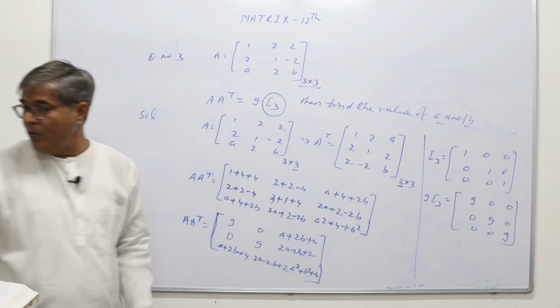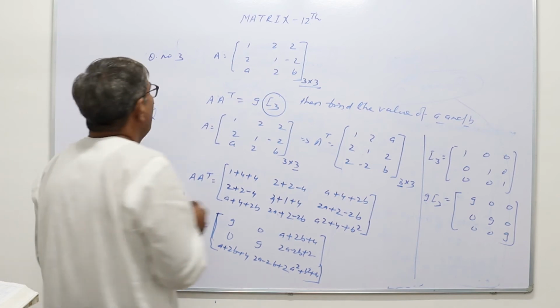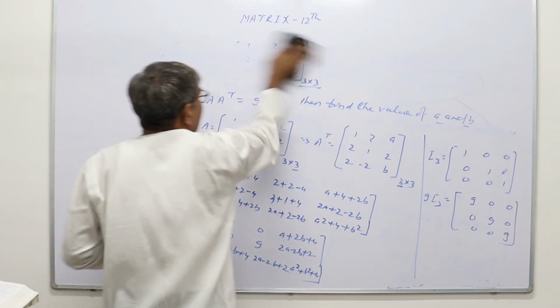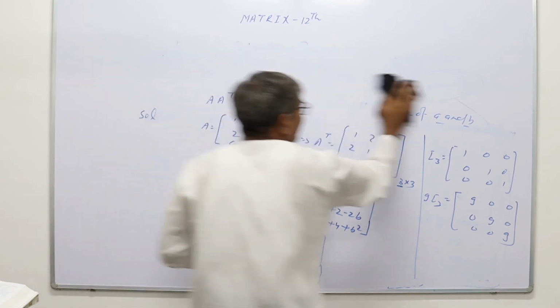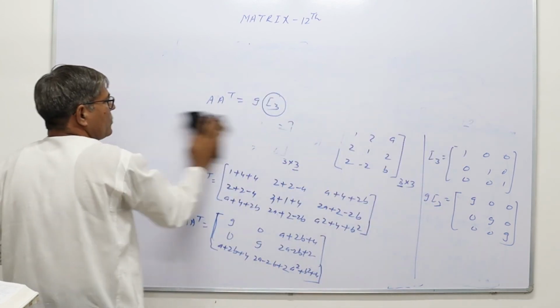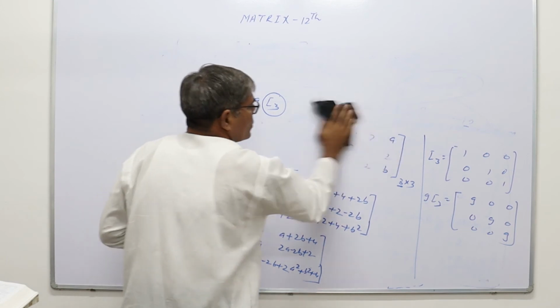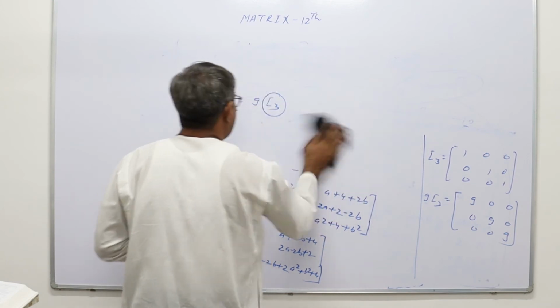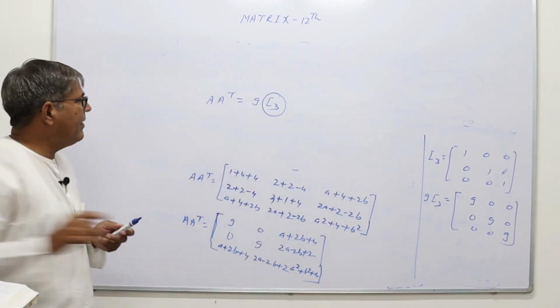Now what we have to do? Now we have to use the given condition. What is the given condition? Given condition is A A transpose is equals to 9 I3. So we will compare both sides and then we will find the value.